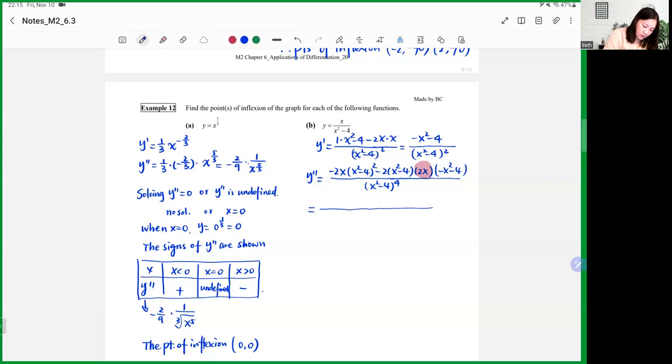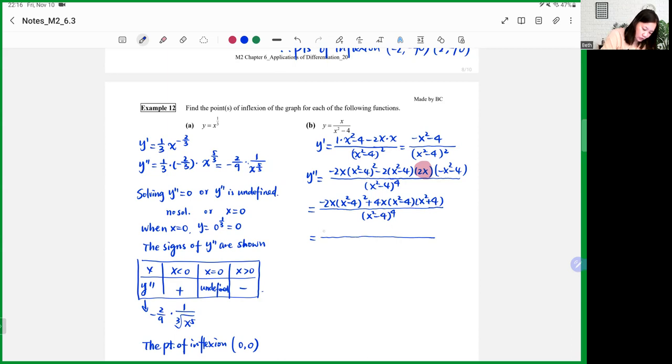I plan to do this: copy it once, change the signs, and also put the 4x in front. So 4x, x squared minus 4, x squared plus 4. Okay, do not expand.